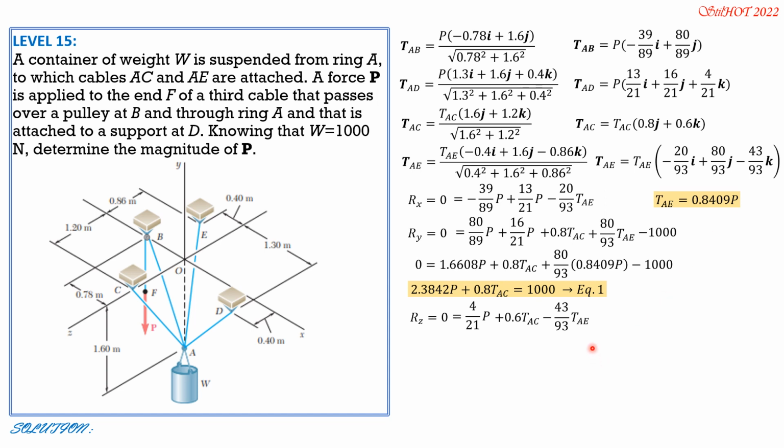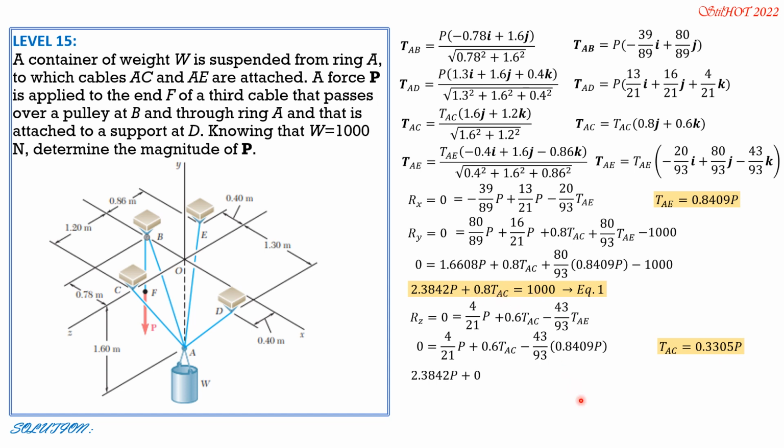Then replacing tension AE in terms of P, so 0 equals 4 over 21P plus 0.6 tension AC minus 43 over 93 of 0.8409P. So combined with P here, we can express tension AC in terms of P as 0.3305 of P.